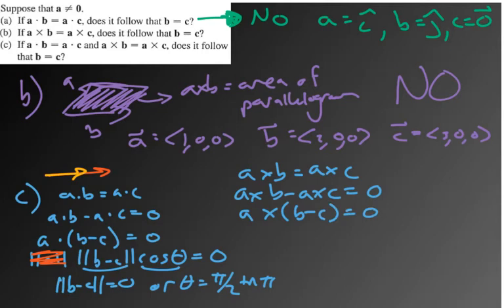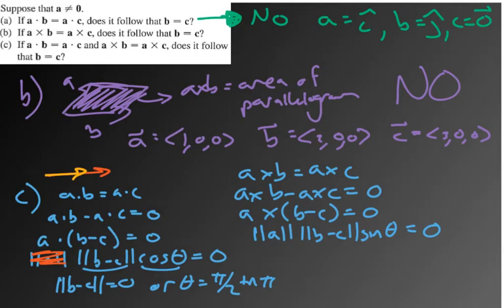Then I use the sine formula that goes with the cross product. This implies that the magnitude of A times the magnitude of B minus C times the sine of the angle between them is 0.